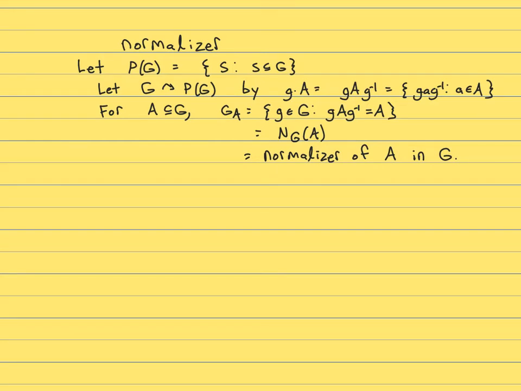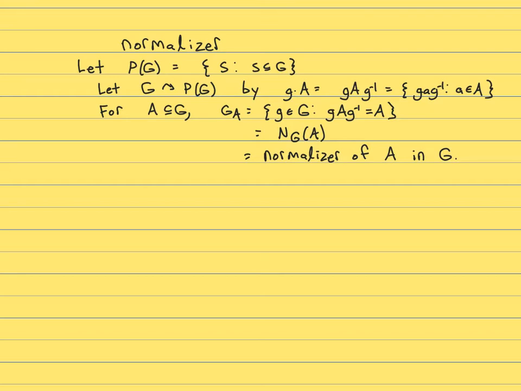It's worth pointing out that we often define things at this abstract level of sets, but in most applications, either A is going to be a single element or A is going to be a subgroup itself. And so if A were a subgroup, this would be the set of things that when you conjugate A by it, you get A back.